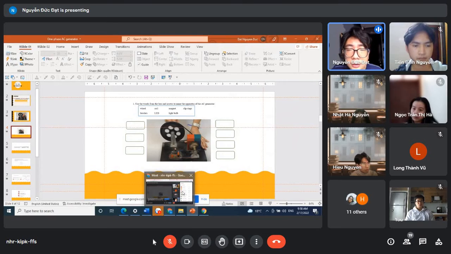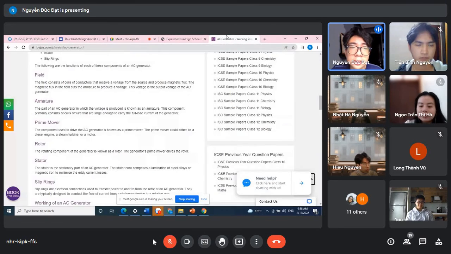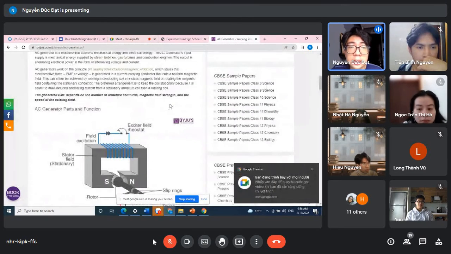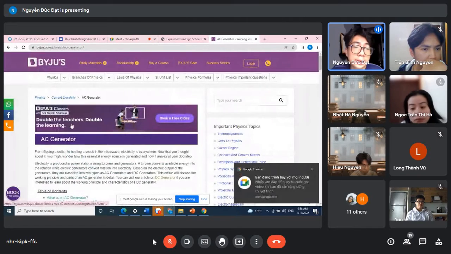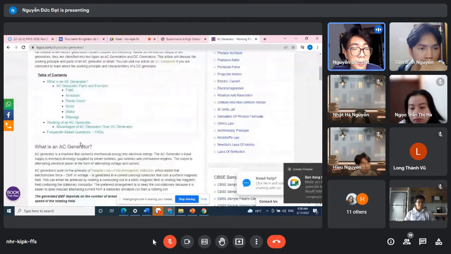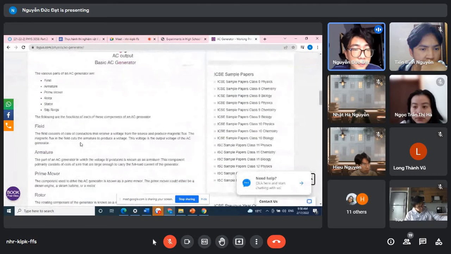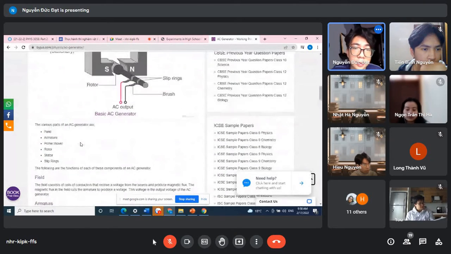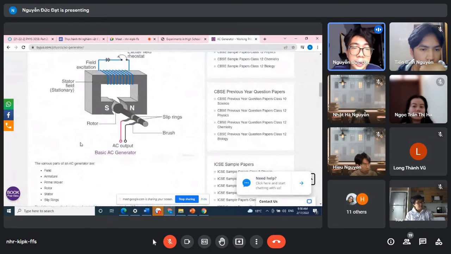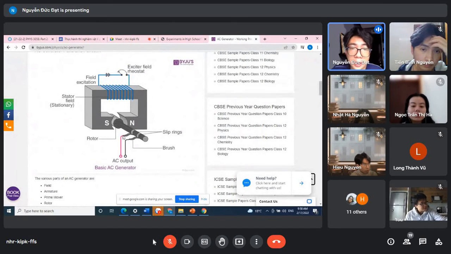So maybe you just search it on the internet, like AC generator, for example, and you will see the component of it in English, not just translated from Vietnamese.